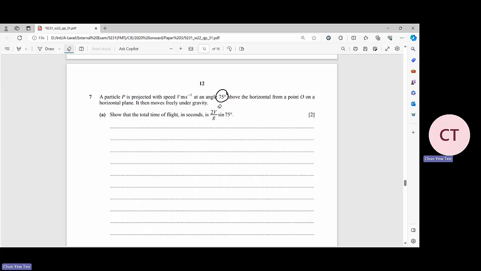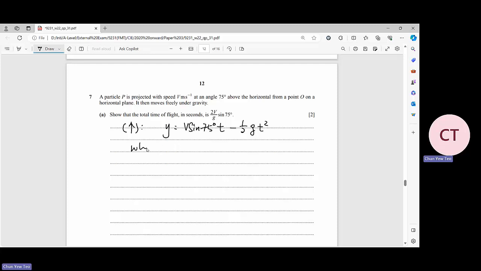So for these questions, in order to find the total time, usually we will consider the vertical component of the motion. It will be y equals v sine 75 degree t minus a half g t square.